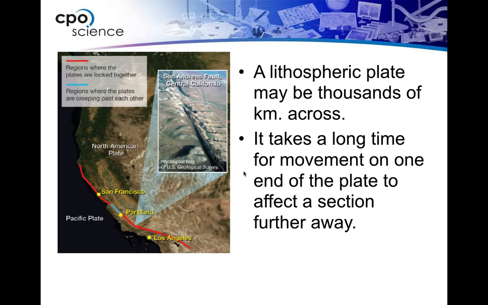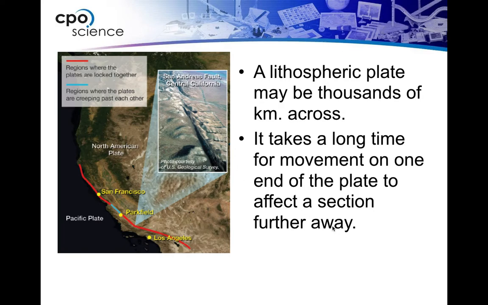So these plate boundaries that we've been talking about can be thousands of miles across. Don't think of them on a small scale. Think about how big our tectonic plates are. This picture here, for example, is showing us the very famous San Andreas Fault in California, the reason why California has so many earthquakes. And that's a cool picture there, really showing you the plate boundary. So some of these we can actually see.